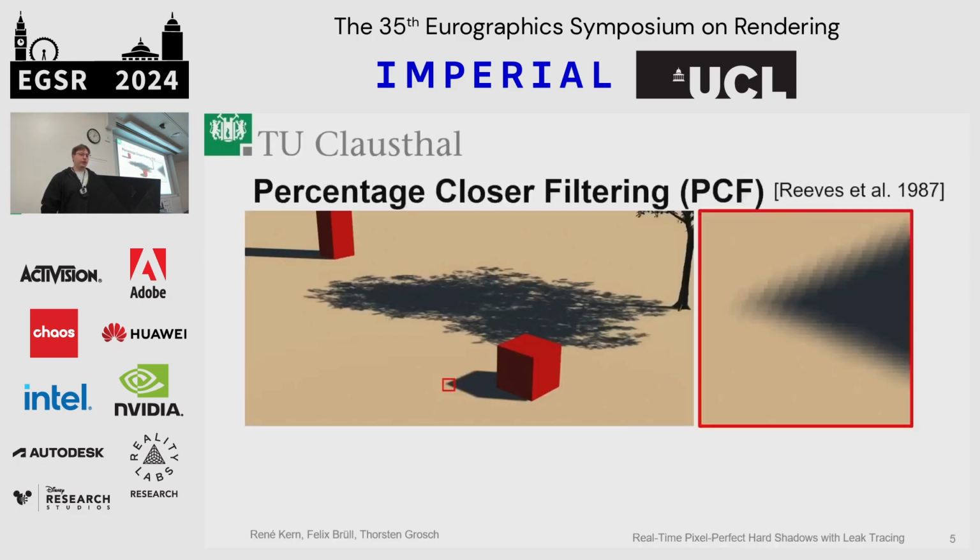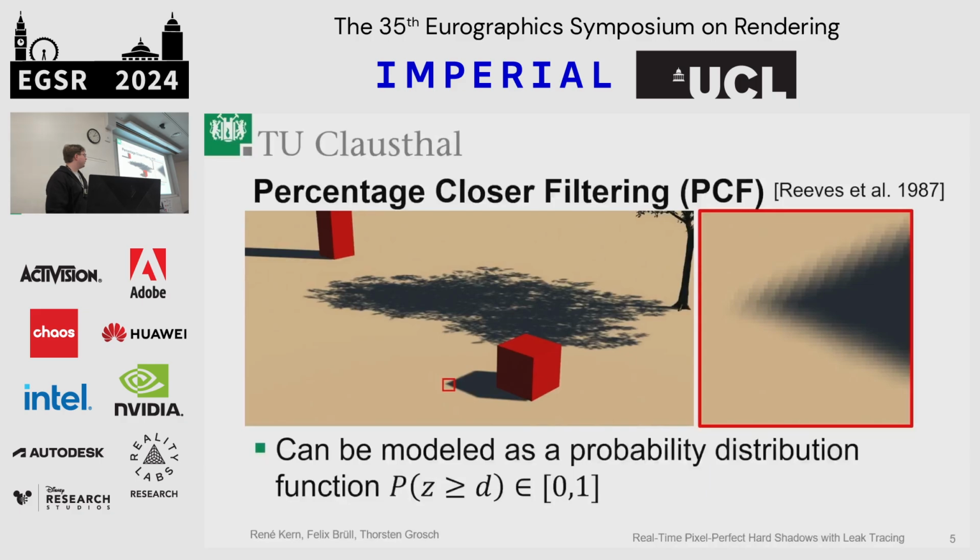Another way to solve the aliasing issue is to use percentage closer filtering, where the shadow map test is repeated for nearby samples in the shadow map, and this then results in a smooth shadow, which basically is a probability distribution function of that shadow. However, this always requires multiple texture accesses, which is not always the best thing performance-wise.